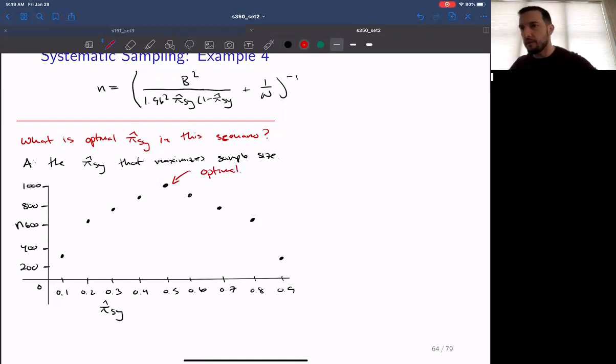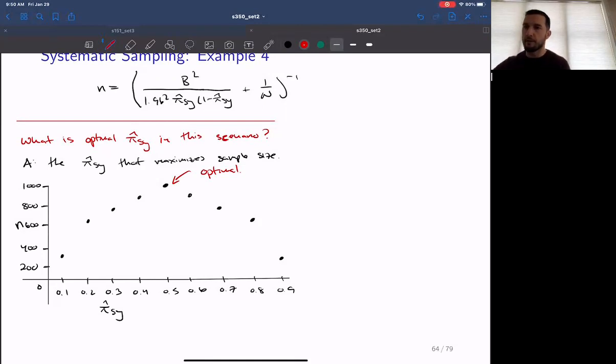The point of this exercise is to show that when we are actually doing sample size calculations for a proportion estimate, the optimal sample size calculation will always be found when you consider the pi hats to be equal, so when they're both 0.5.